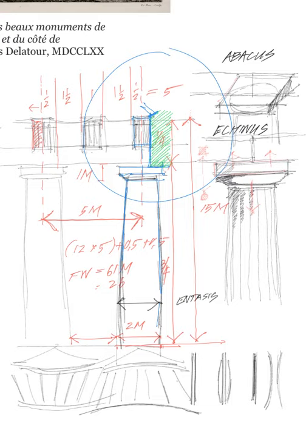And this awkward gap is what is referred to as the Doric corner problem.